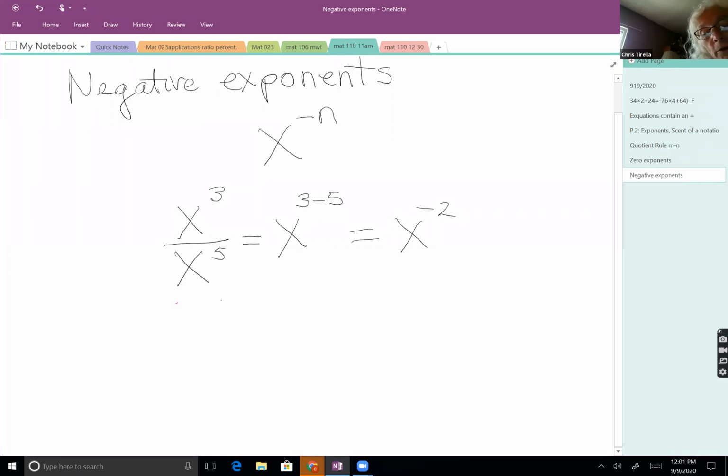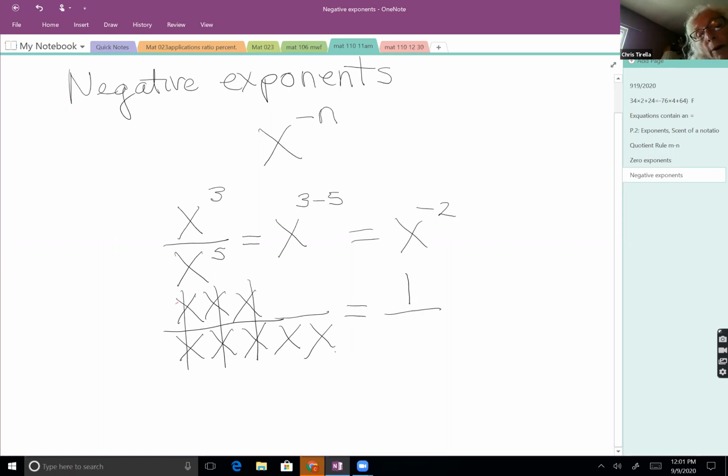X to the 3rd says I have 3 x's in the numerator. X to the 5th says I have 5 x's in the denominator. We can reduce this fraction. Doing that, we have just the number 1 in the numerator, and we have an x squared in the denominator.